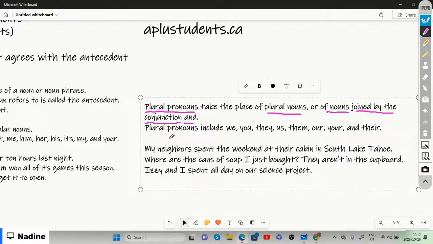And plural pronouns include we, you, they, us, them, our, your, and their. As you can see, everything refers to more than one, either person or thing.